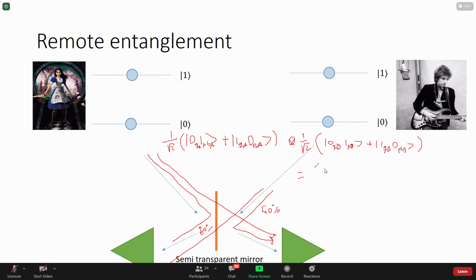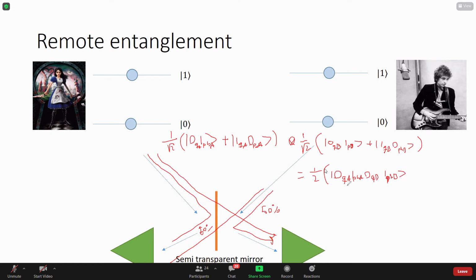Or if we now remove all the subscripts, we can just write it in this form. So we'll get 0 QA, 1 photon A, 0 Q Bob, 1 photon Bob.